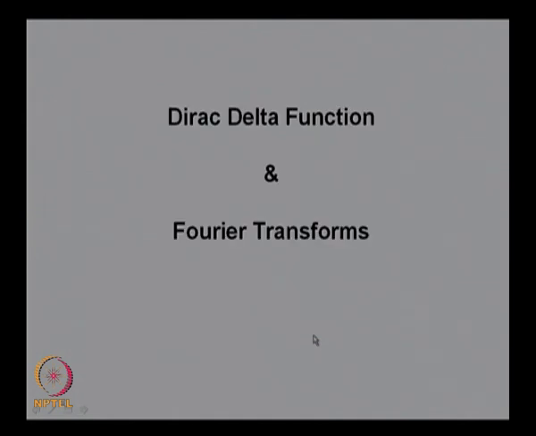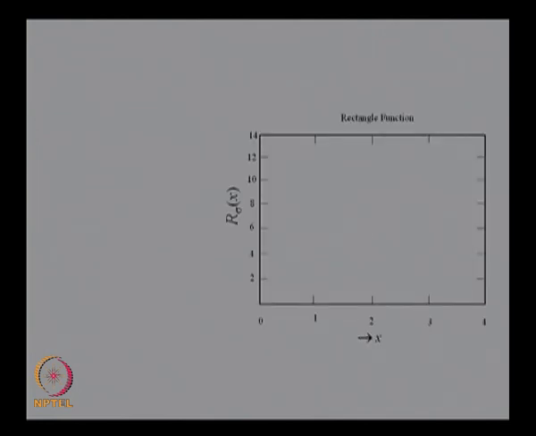we will continue our discussion on the Dirac delta function, and we will introduce Fourier transforms, which play an extremely important role in the development of quantum mechanics. We had given one representation of the Dirac delta function in terms of a rectangle function.